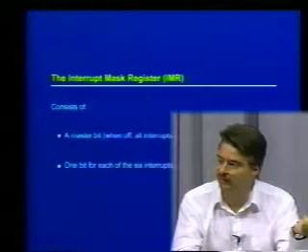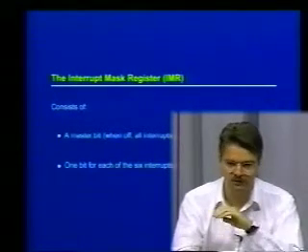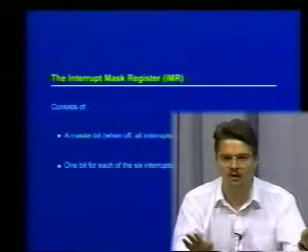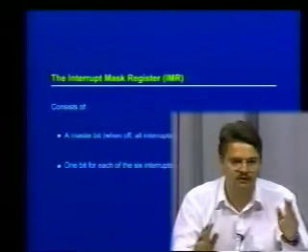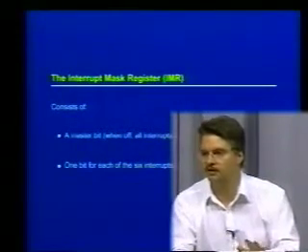Other than that, there's a 7th bit, which I call the master bit. If it's on, then the other 6 bits rule. If it's off, then all the interrupts are off, everything is off. If it's on, then you have to look at the other 6 bits to see what is on.